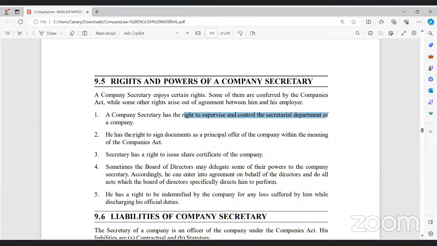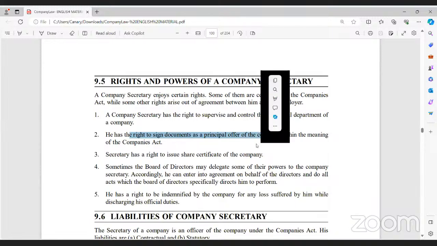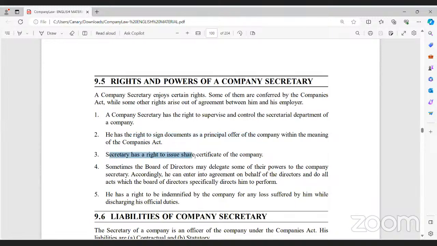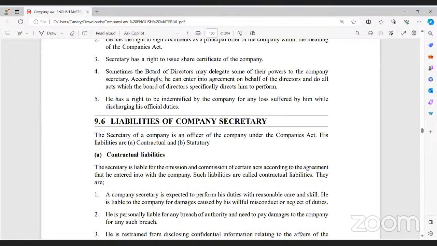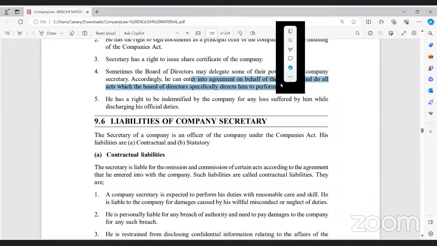First, he has the right to sign documents as a principal officer of the company. He has a right to issue share certificates. And sometimes the board of directors delegate their powers also, so based on the agreement, on behalf of the directors, he can have certain rights to take decisions.